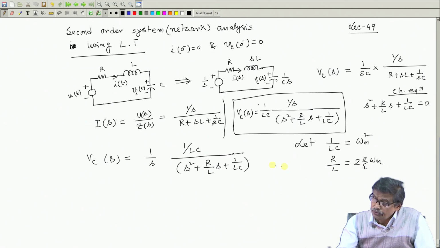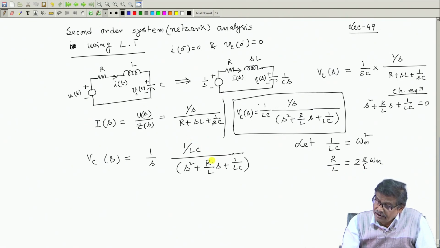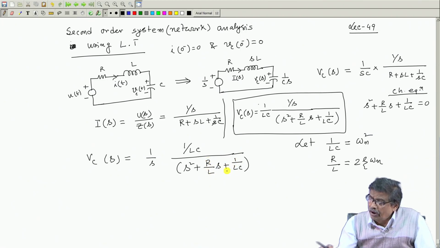That is, these two things are the unknowns, I mean 1 by LC and R by L. So, I have translated those variables in terms of another two quantities, which are omega n and zeta.